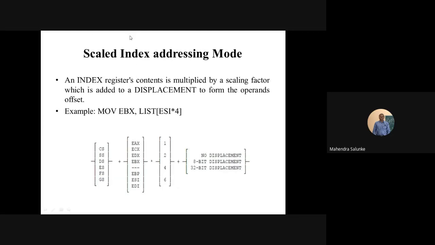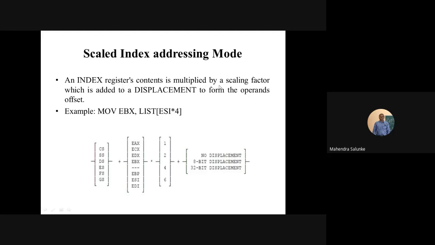Then there is a scaled index addressing mode. Now, what is the scaled index addressing mode? Here the index register is scaled. Scaling happens with the multiplication operation. The asterisk indicates that we are multiplying our index register by the scaling factor.